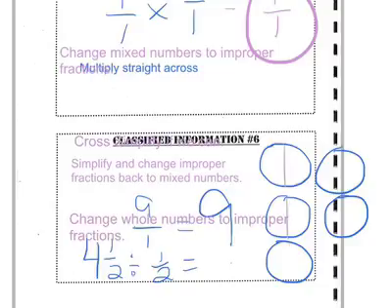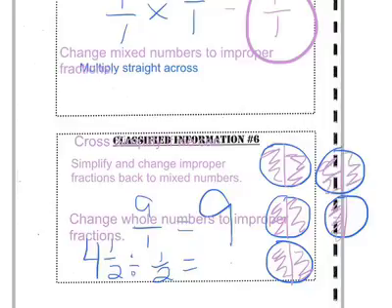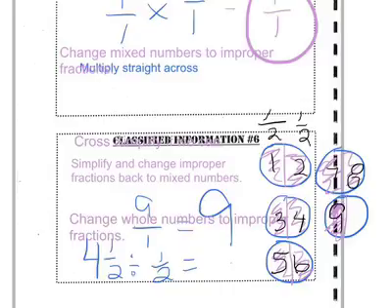If I had 4 1/2, I'm coloring in 4 whole pizzas and half of another one. That's how much pizza I have. I want to know how many halves do I have in each of these pizzas. Let's count them. 1, 2, 3, 4, 5, 6, 7, 8, 9. So that is definitely true. That's how many we had.